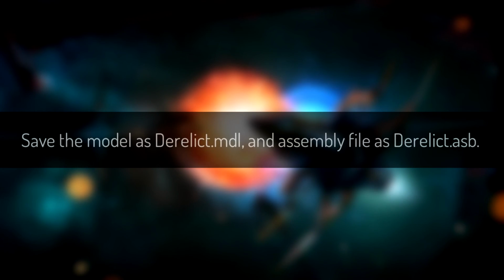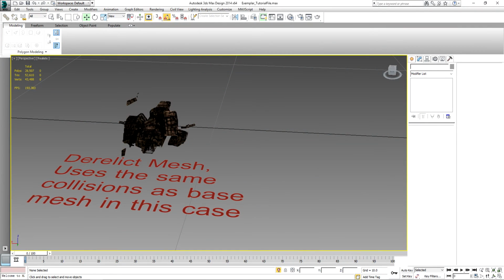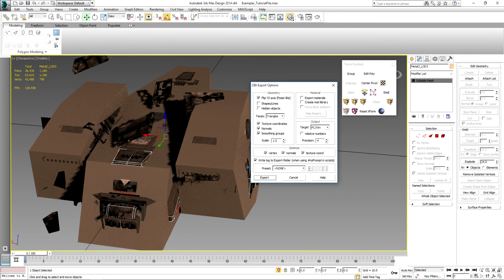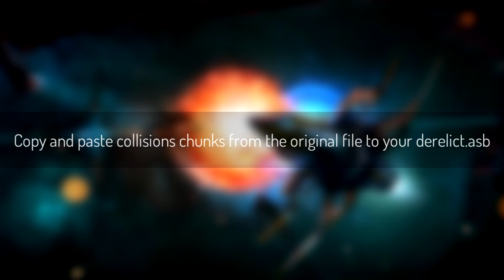Save the model as derelict mdl and assembly file as derelict asb. Since our derelict mesh looks nearly similar to a full base mesh, we shall use and link the collision models from our exemplar tutorial.asb. Copy and paste the collision chunks from the original file to your derelict.asb.